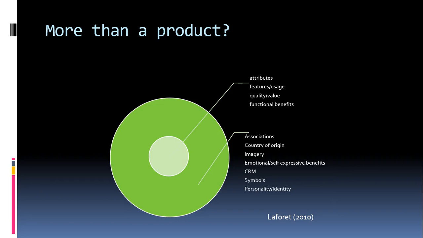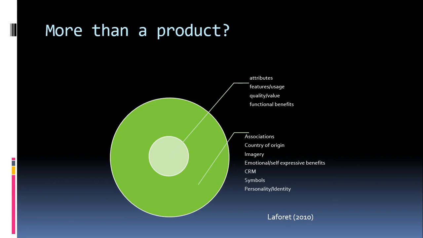So at the centre we have the core product, so that physical element that the organisation makes, that includes all those functional benefits, the value it presents, the features, how the customer uses it, and then surrounding that we have these associations and things that evokes the brand, so different elements that the consumer thinks of when they think of the brand.